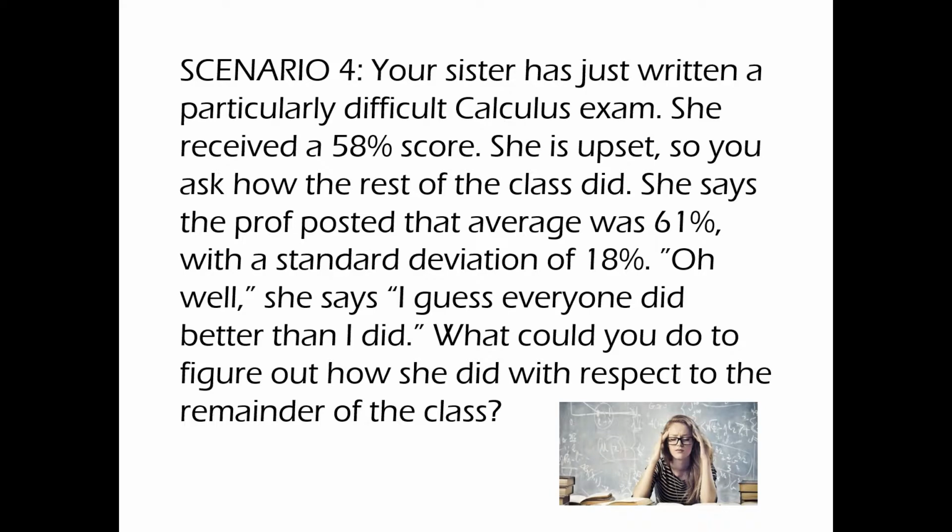According to what we just reviewed in previous slides, we can use the z-score method. Using the z-score method, we will be able to calculate what proportion of students in the class had a score higher or lower than 58%, which shows how well the sister did compared to the rest of her class.